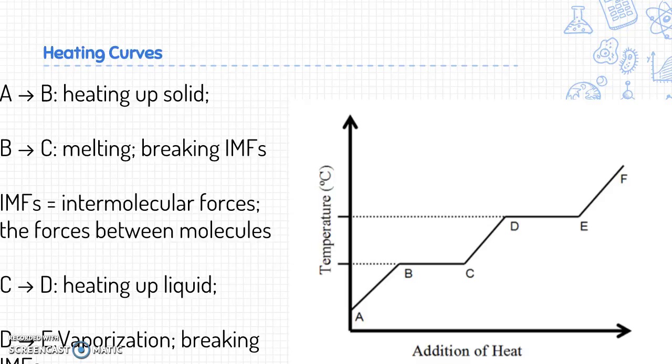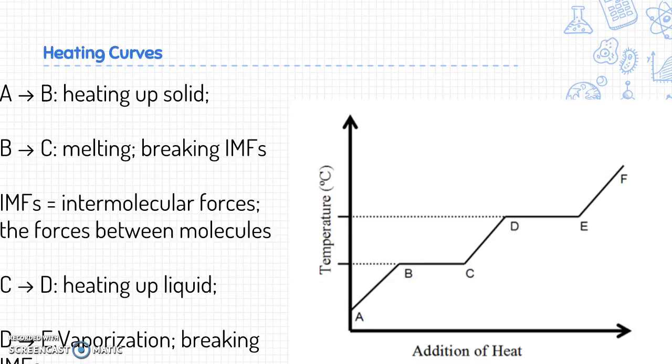We could also graph those changes in state with a heating curve. A heating curve here has the temperature on the y-axis and the addition of heat on the x-axis. And the plot is showing what happens to the temperature as you add a constant amount of heat. From A to B, where the temperature is going up, that addition of heat is heating up the solid.